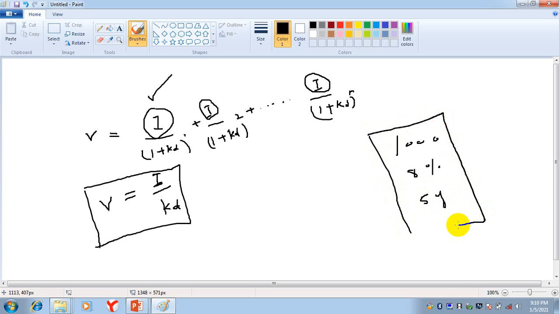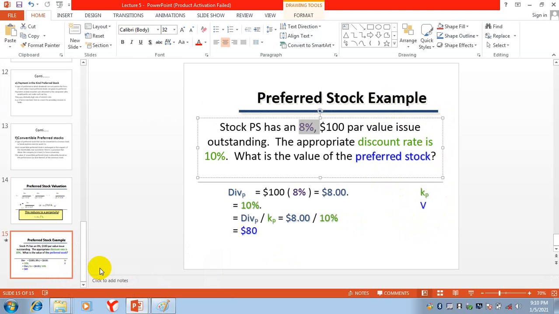In this bond we are receiving a fixed amount of interest. Same is the case here. In preferred stock, we are also receiving a fixed amount of dividend, not interest. 100 is the par value of that stock outstanding.